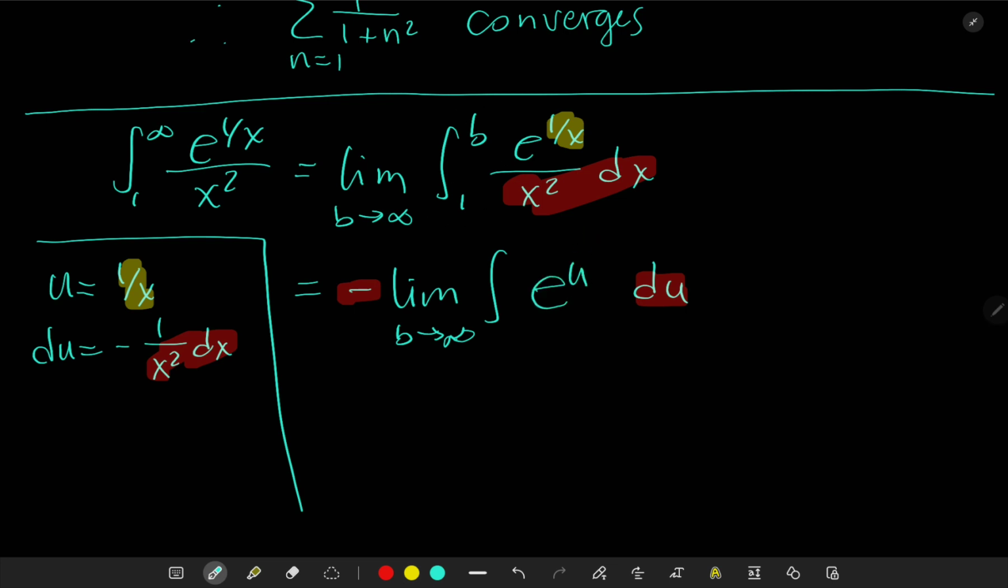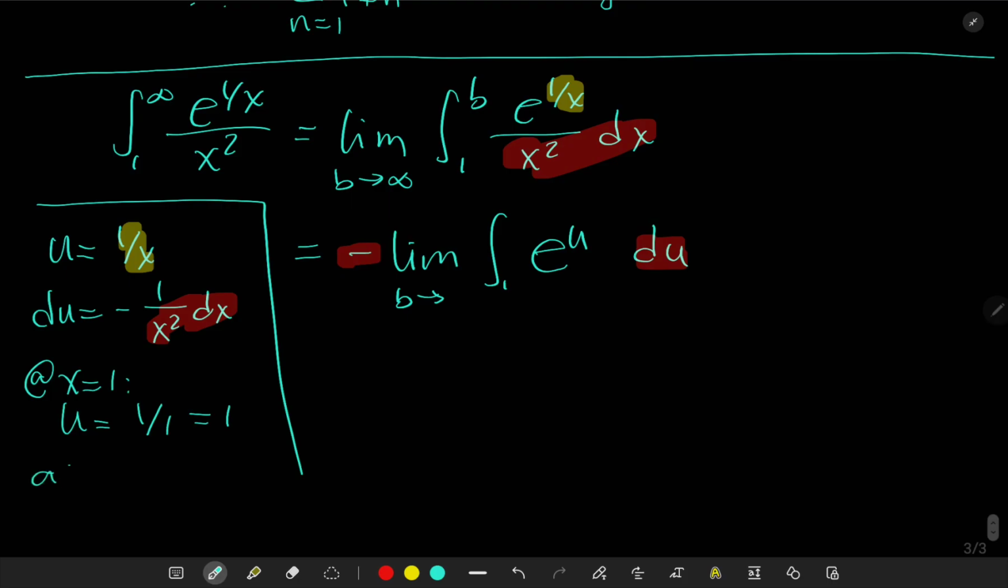Well, I still have to address the endpoints. So at x equals 1, u is 1 over 1, which is 1. So at x equals 1, this doesn't change at all. Ooh, careful. I put b equals infinity. That's why it came out wrong, because it was not supposed to be there. And as x goes to infinity, u is the limit as x goes to infinity of 1 over x, which is 0.